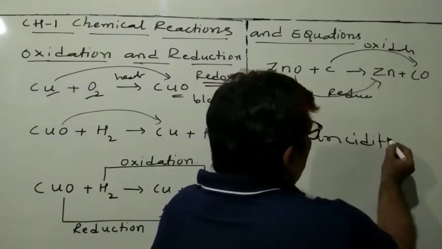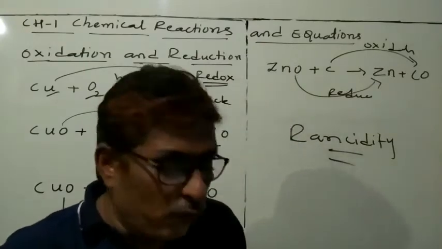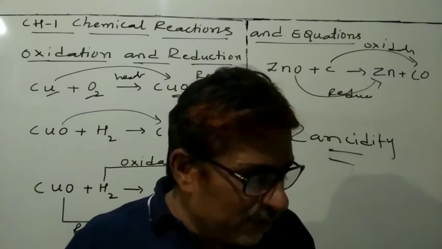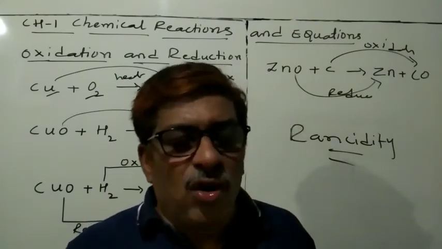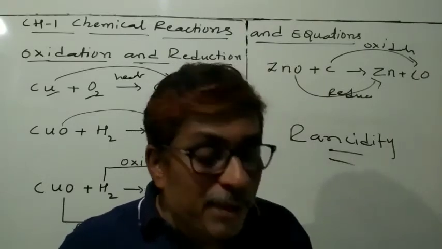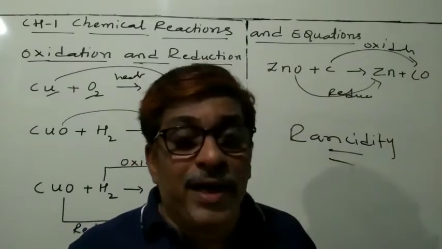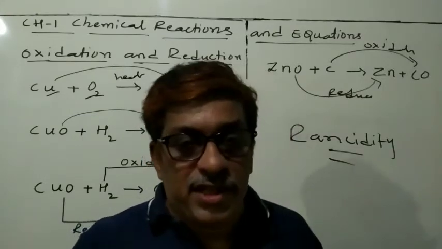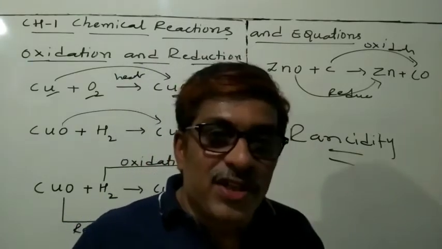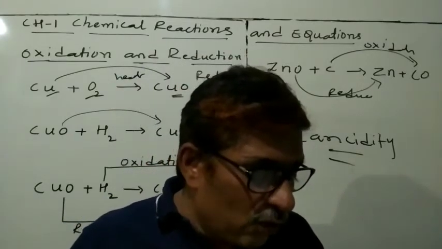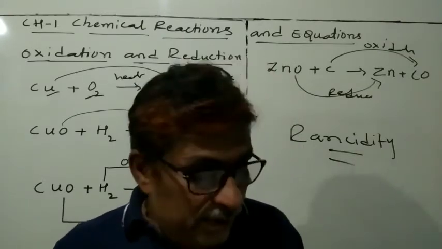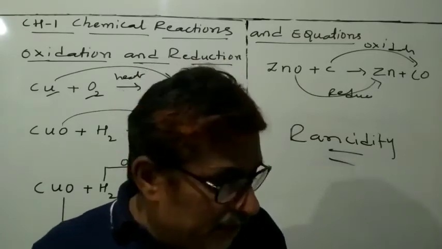You know that whenever food containing fats and oils gets oxidized, it becomes rancid, it becomes spoiled, and its smell or taste changes. This process is called rancidity, or you can say the process of oxidation of fats and oils which causes a change in the taste and smell of the food is called rancidity.